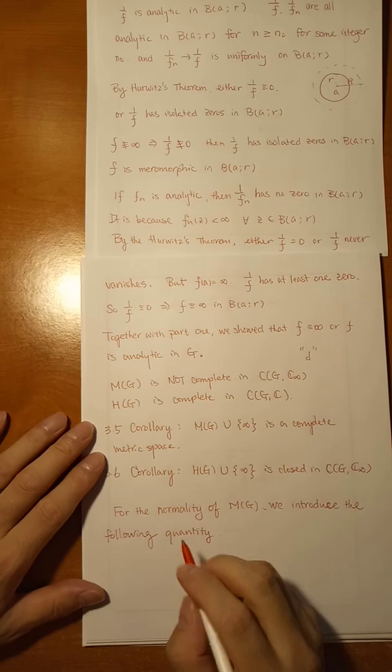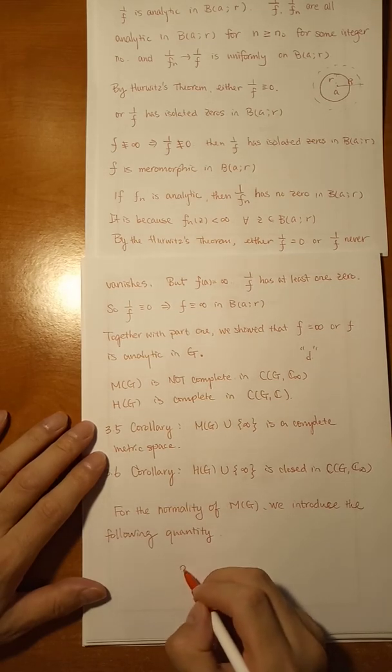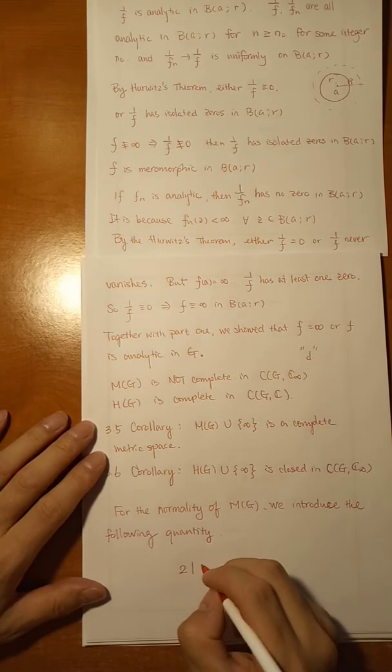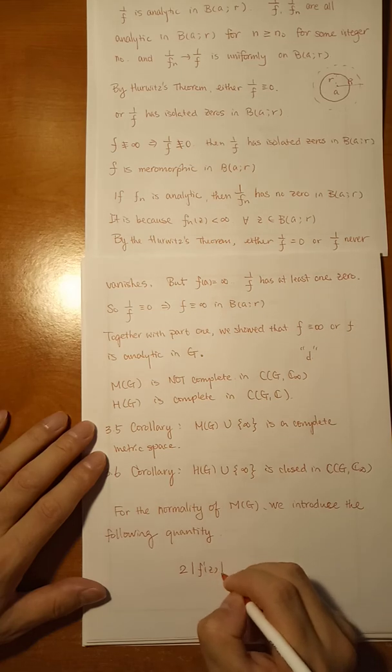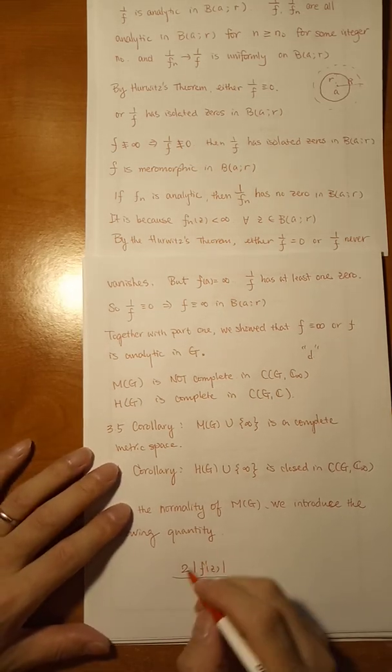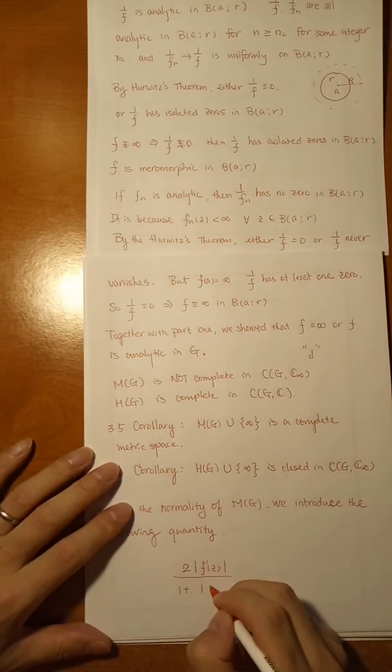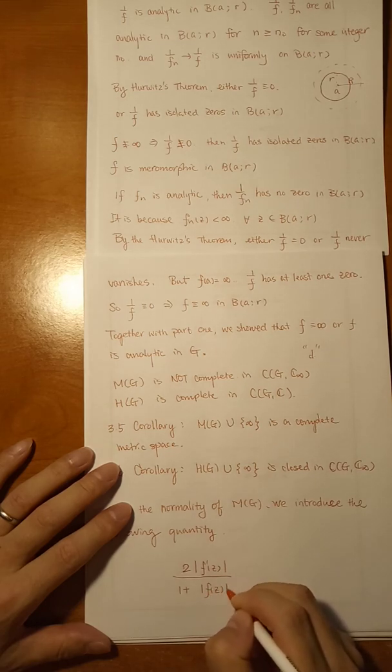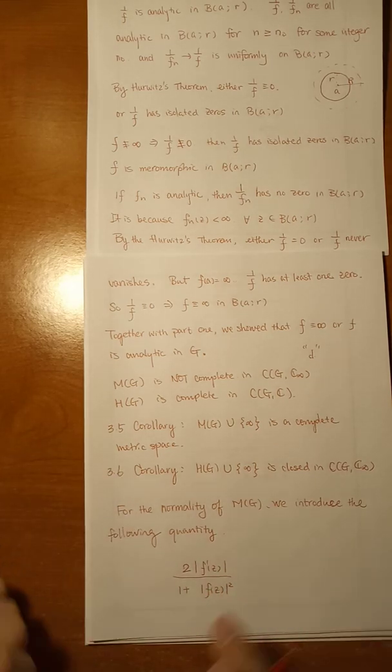Okay, what quantity? We introduce this quantity: 2 times the absolute value of f prime of z over 1 plus the absolute value of f of z squared. Okay, we want to study this quantity.